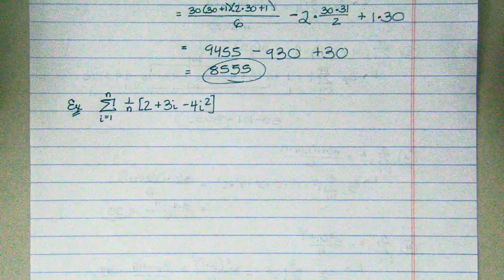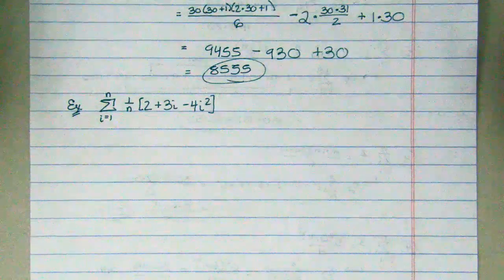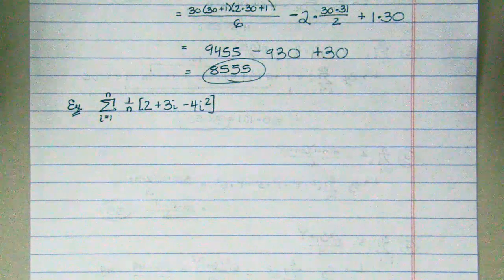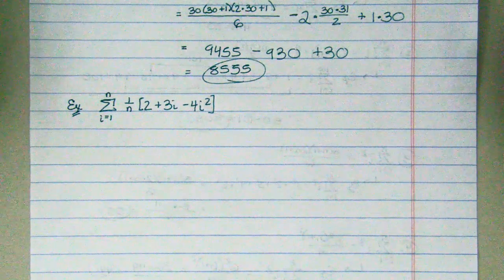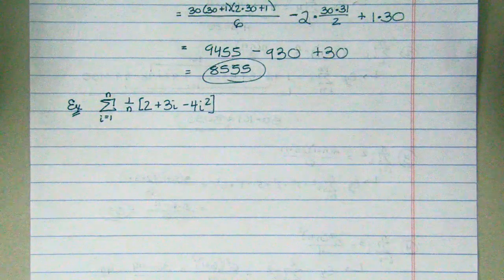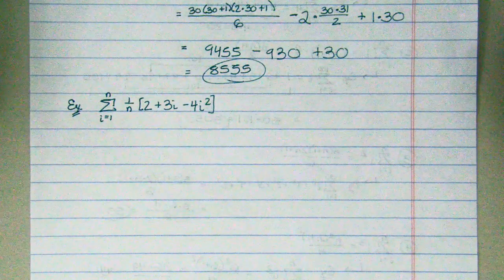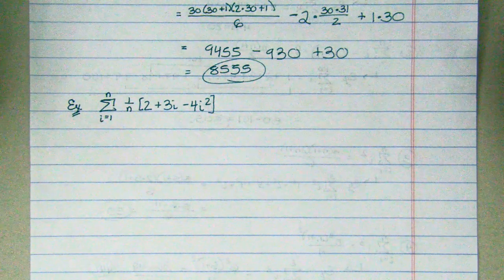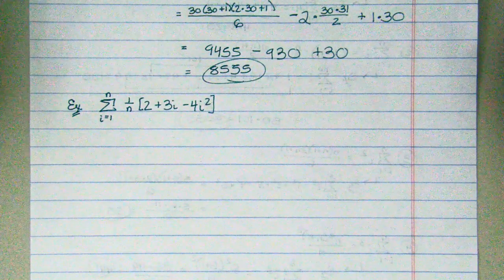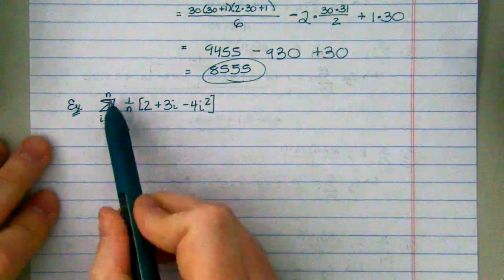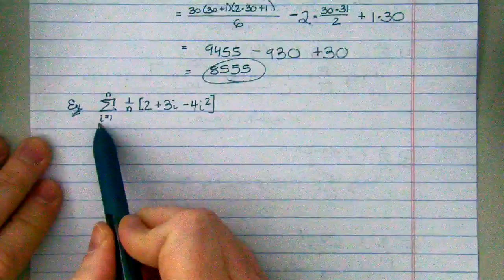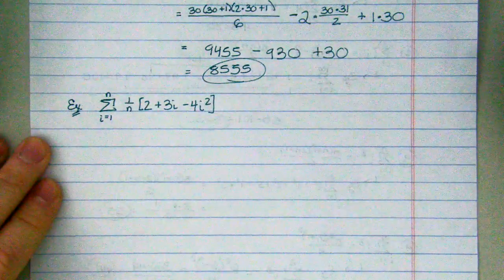I realize this looks a little more complicated. I've got two variables here, n and i, and what a mess. My first question for you, though, as far as the sigma is concerned, what's the variable? Is it i or is it n? Well, because we're doing the sum as i goes from 1 to n, i is my variable. n, I'm treating like a constant.